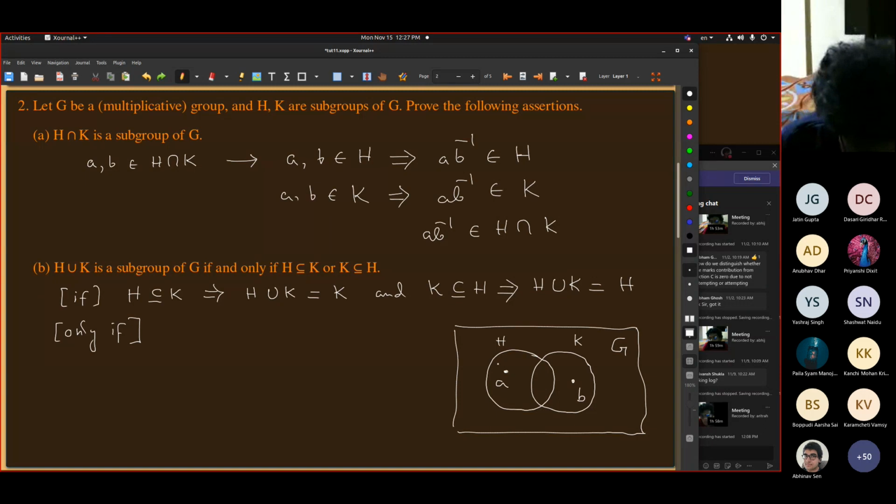Okay, but then A and B are both in H union K. So this is the hypothesis that this is a subgroup, but this does not hold. So we want to arrive at a contradiction.